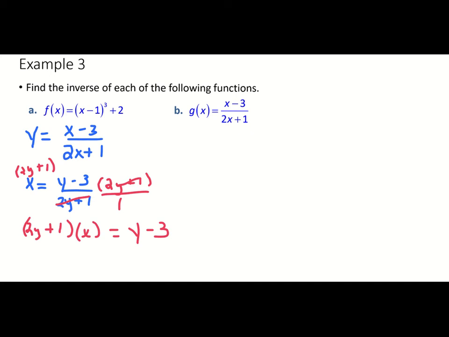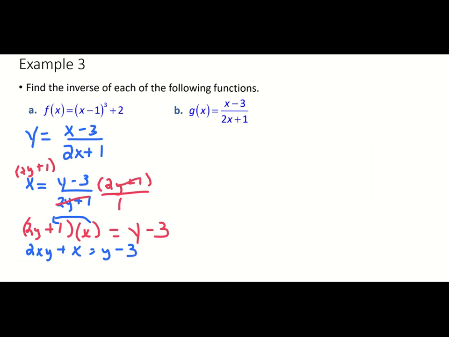Okay. And now I want to distribute my x first. Let's distribute our x so that we can move around some stuff. So I'm going to make it 2xy plus x is equal to y minus 3.